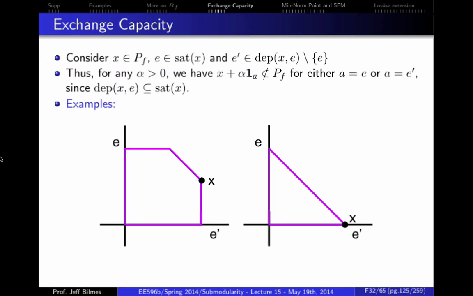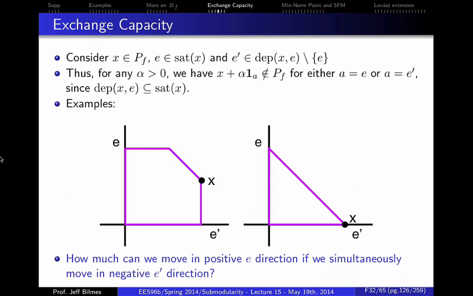And that's what this is saying. Here's an example. If this is x, we can neither move in this direction, nor this direction, nor this direction. But in each of those cases, if we want to move in, say, the positive E direction, we can move in the negative E prime direction by going this way, right?